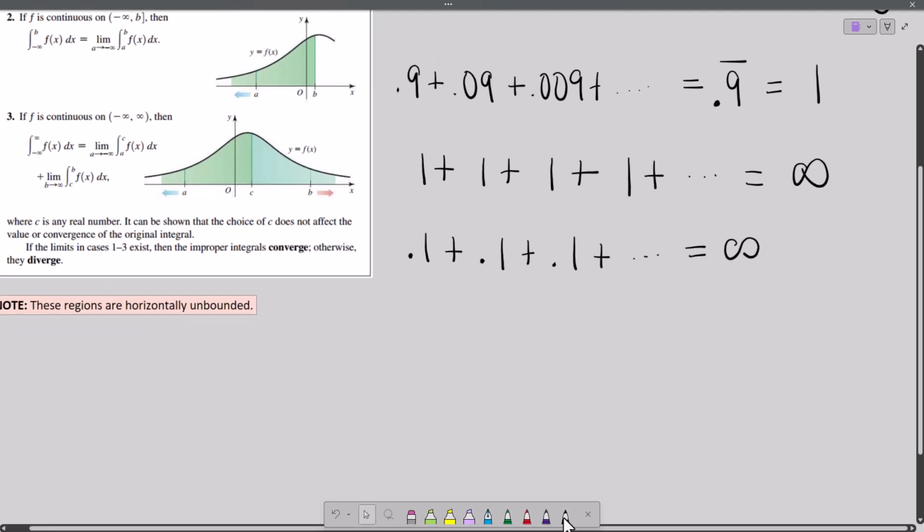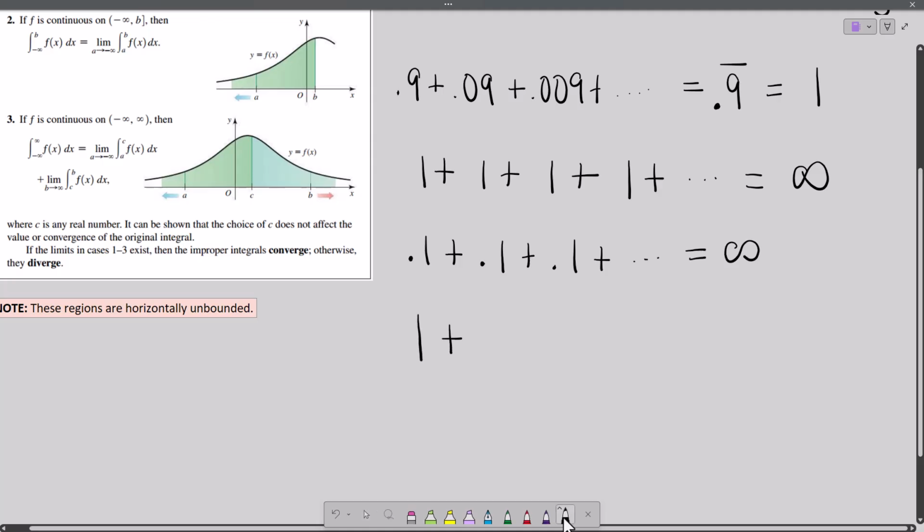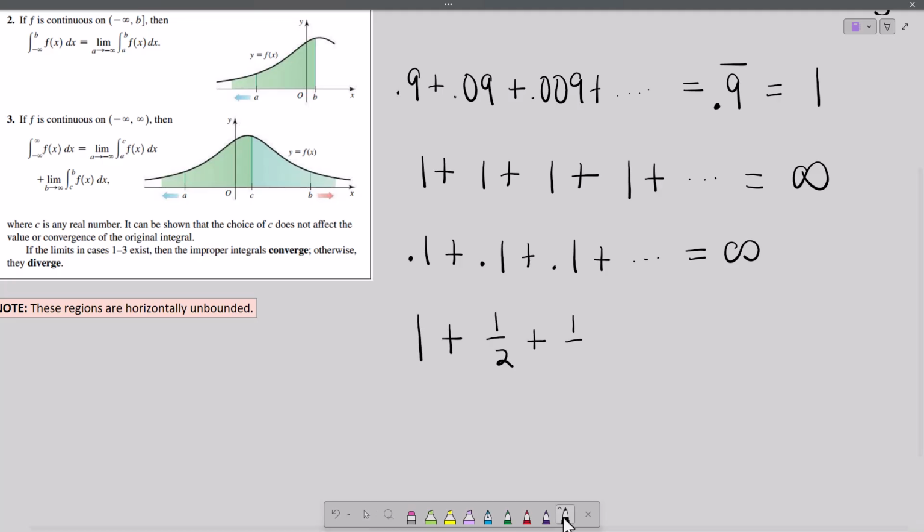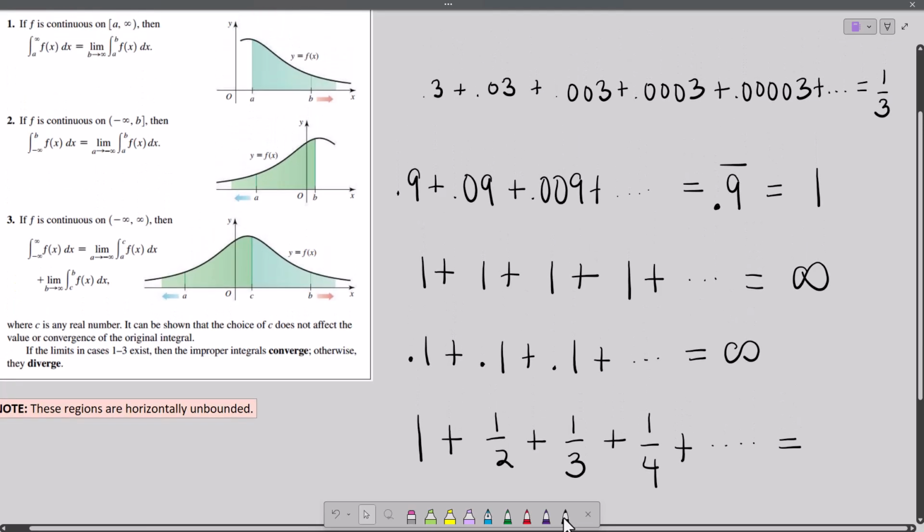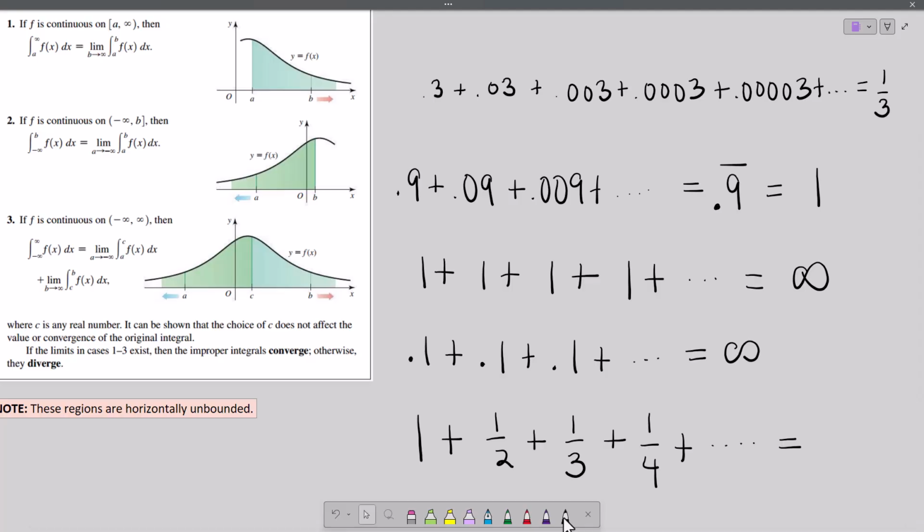All right? And then here is the super classic that we will talk a lot about between now and the end of the semester. How about that? One thing that should be obvious from up here is that the only way we can end up with a finite result if we're adding an infinite collection of positive numbers together is if we're adding less and less and less and less, so that when we're out in the tail of the summation, we're essentially adding 0.